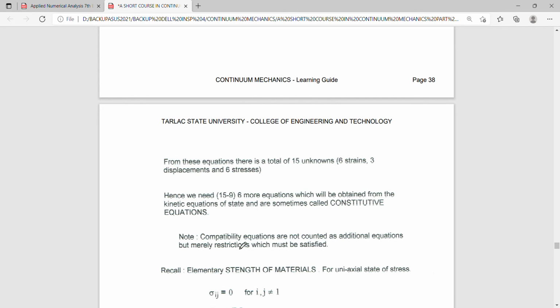Note, we cannot get these remaining needed equations from the compatibility equations because compatibility equations are merely restrictions. They are just used to check if the nature of motion within the body is valid or compatible.